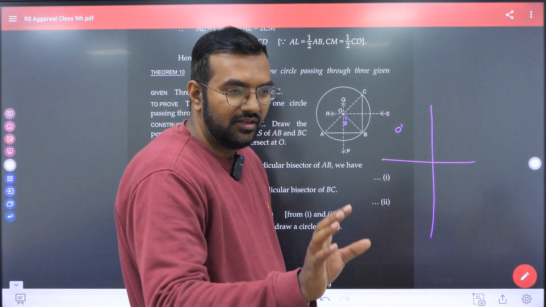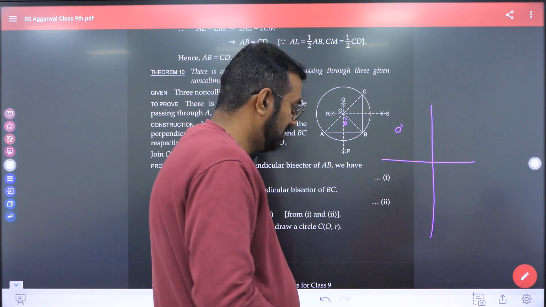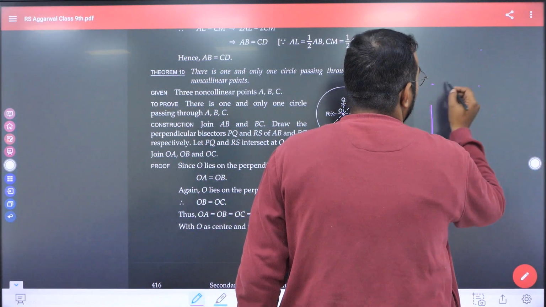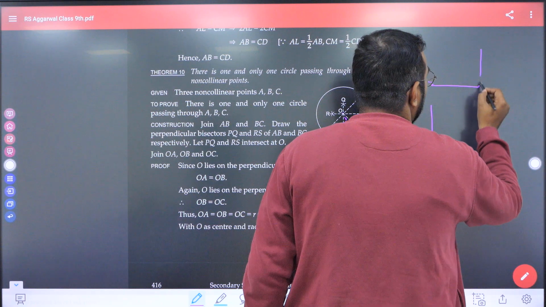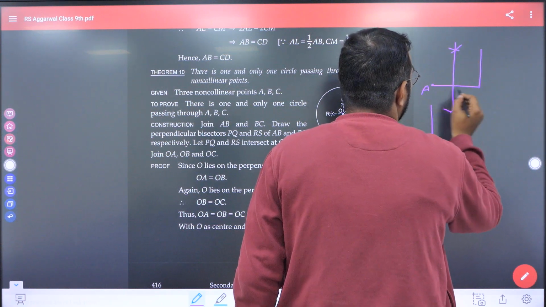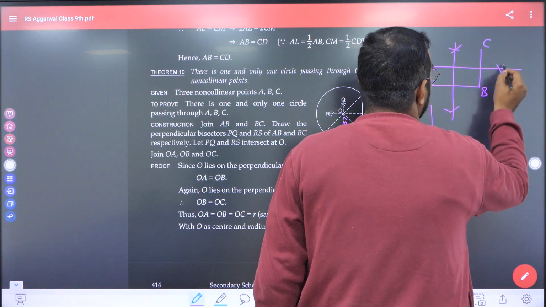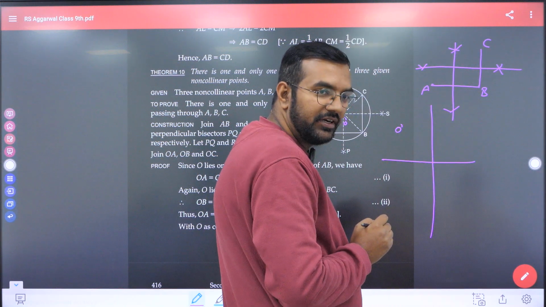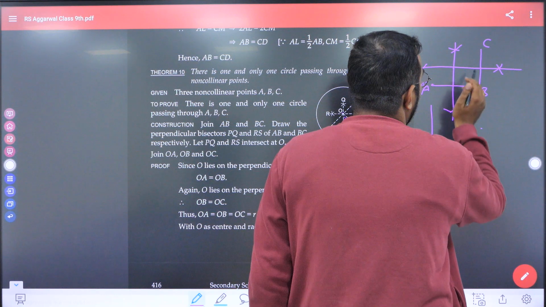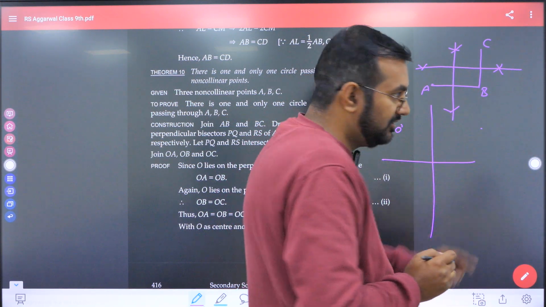In short, let me explain once again. How will you show that only one circle can pass? You will take 3 non-collinear points and join them, and draw the perpendicular bisectors. Suppose the points are A, B and C. The point where the perpendicular bisectors intersect will be the center of that circle.